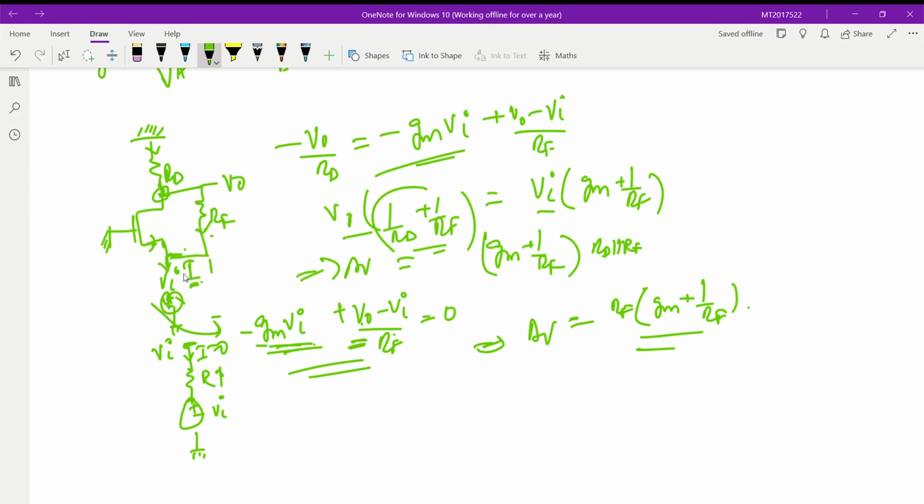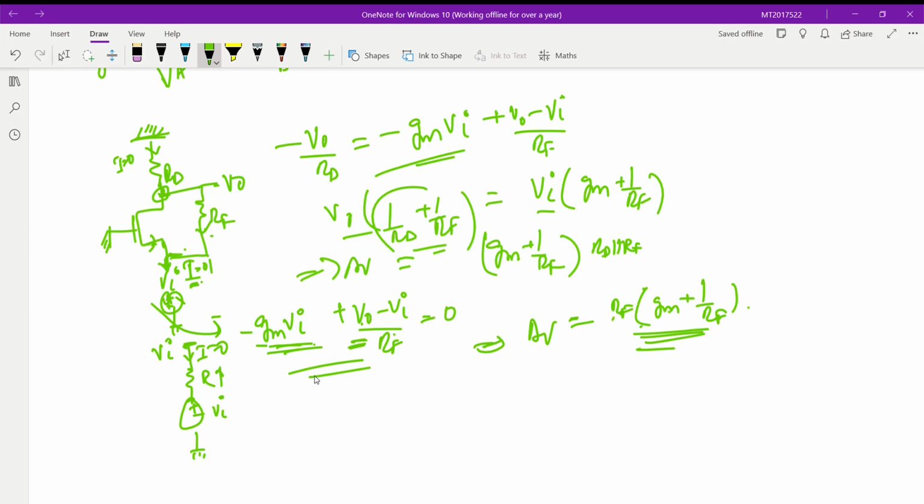And if there is no current going downward, nothing will get sourced from upwards, right? So if this I is zero, then this I will also be zero. So Vout will just be a term of Gm and RF, right?